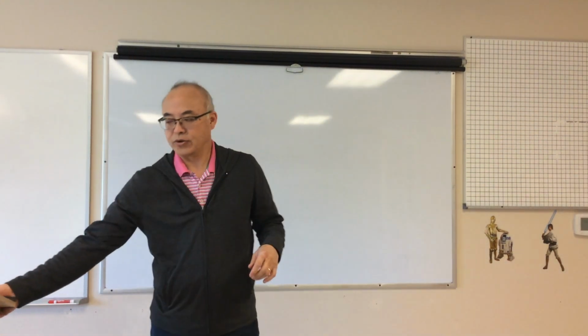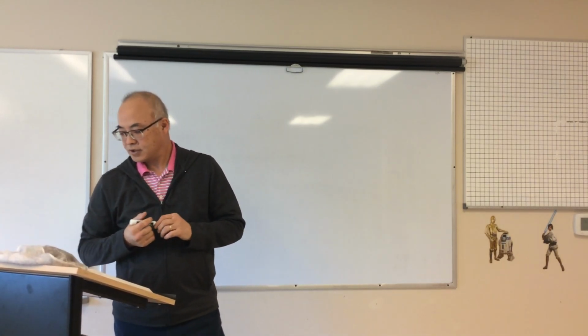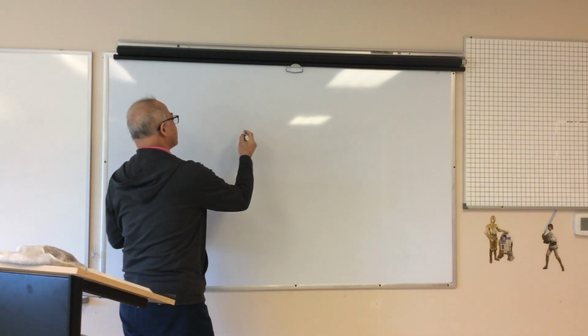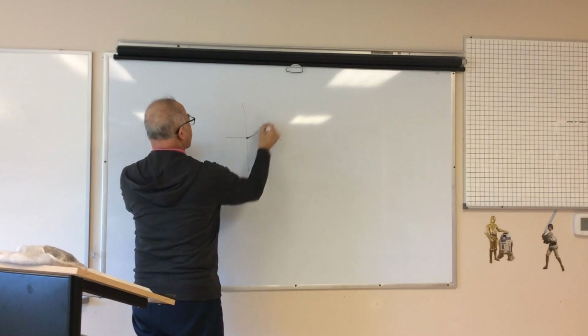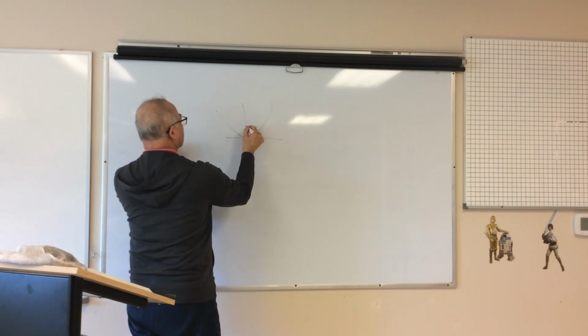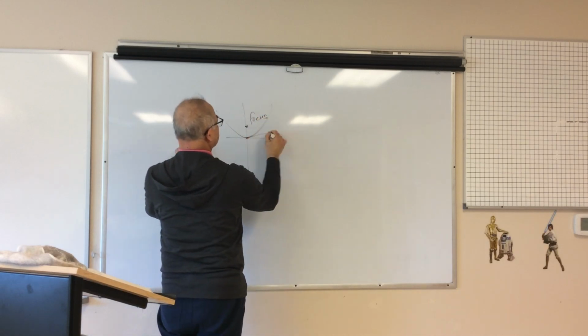Okay, so we are going to continue on with chapter 8. In 8.1 we talked about parabolas, and we said that a parabola would have a vertex with a focus. So this is your vertex.